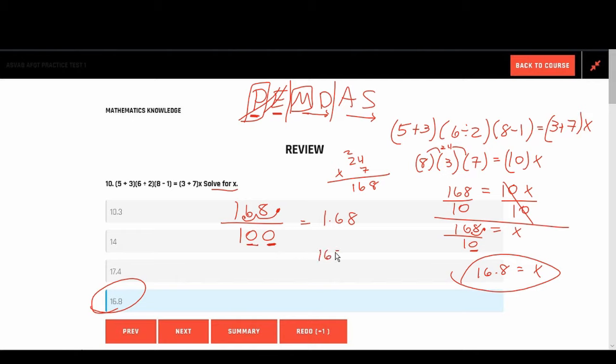If this was 168 divided by 1,000, again, we have 3 zeros. It's a power of 10. Decimals here, we shift it 1, 2, 3. This would be 0.168. Again, you have to be able to do little tricks like that to save yourself time. So if it's 10, 100, or 1,000, just remember you're shifting your decimal place left and right accordingly.